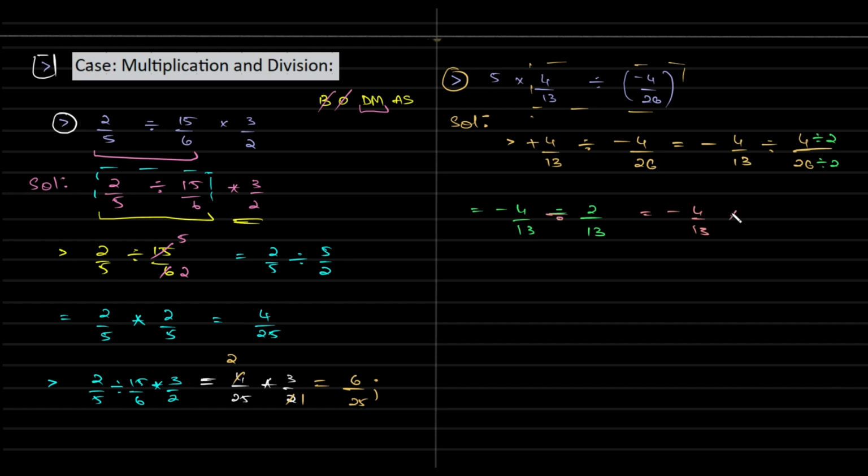Division will become multiplication. 2 by 13 will become 13 by 2. And further we have 4 and 2. HCF is 2. So 2 divided by 2 is 1. 4 divided by 2 is 2. 13 divided by 13 is 1. Negative 2 by 1. So in place of all of this, I'm going to write negative 2 by 1.